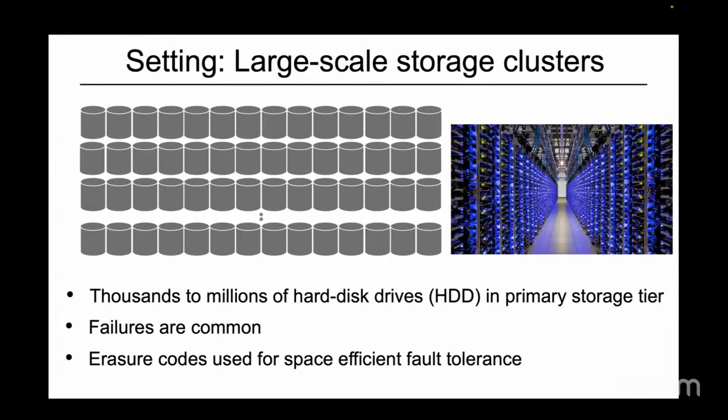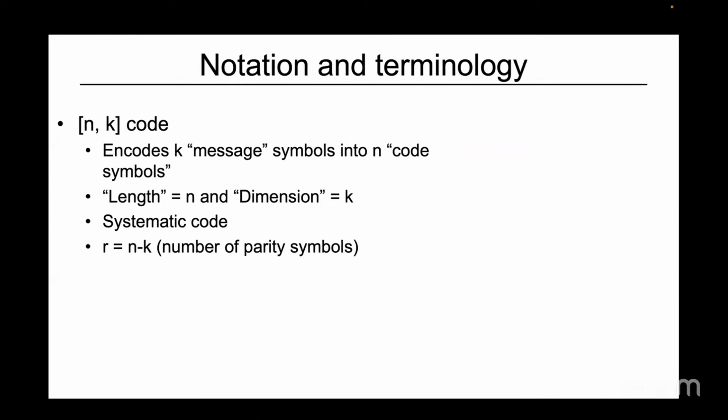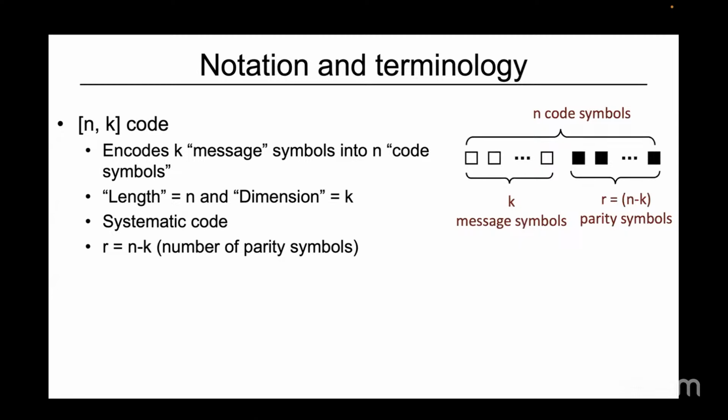Yeah, so I was saying, the setting is large-scale distributed storage clusters housed in data centers, consisting of thousands to millions of hard disk drives, where failures are very common, and erasure codes are used to provide space-efficient fault tolerance. Just to make sure we are all on the same page in terms of terminology, I'll use the standard notation of an (n, k) code, where it takes k message symbols and encodes them into n symbols, where k are original message symbols, so it's in systematic form, and r, which is n minus k, are parity symbols.